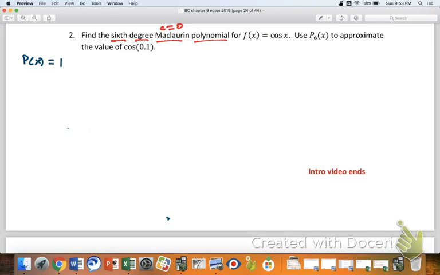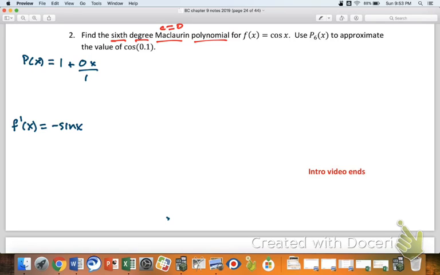Okay. So then I need to find my next term. So f prime of x is going to equal negative sine of x. Therefore, f prime of 0 equals 0. So my next term is going to be plus 0 x to the first over 1 factorial. So that's just going to be 0.